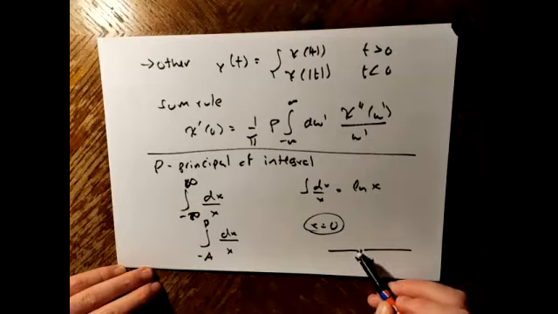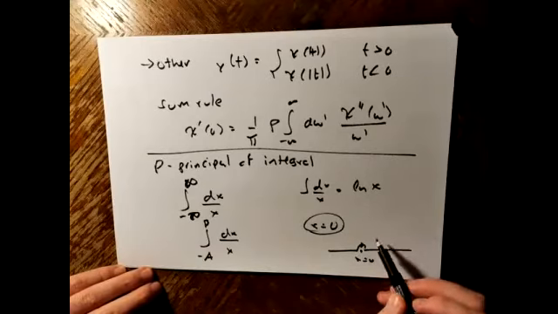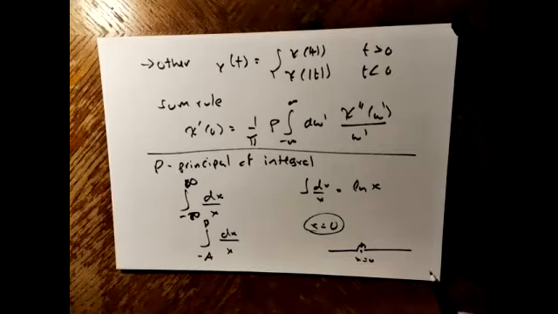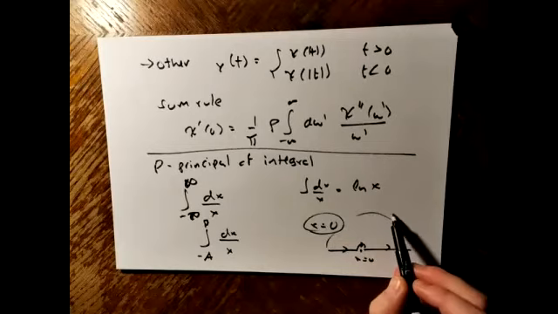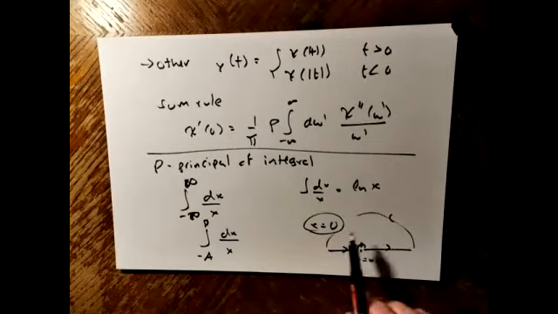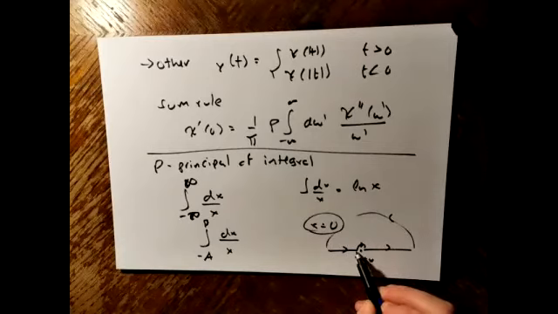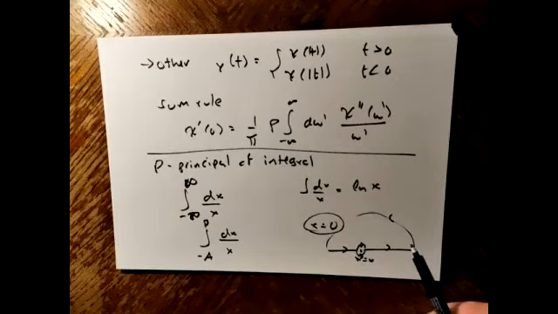You exclude that singularity and you go around it, and then you get half a residue. In principle, if you close this contour on the upper half plane, there is no singularity inside your contour, but you could also go around like this, and then you are including the singularity.